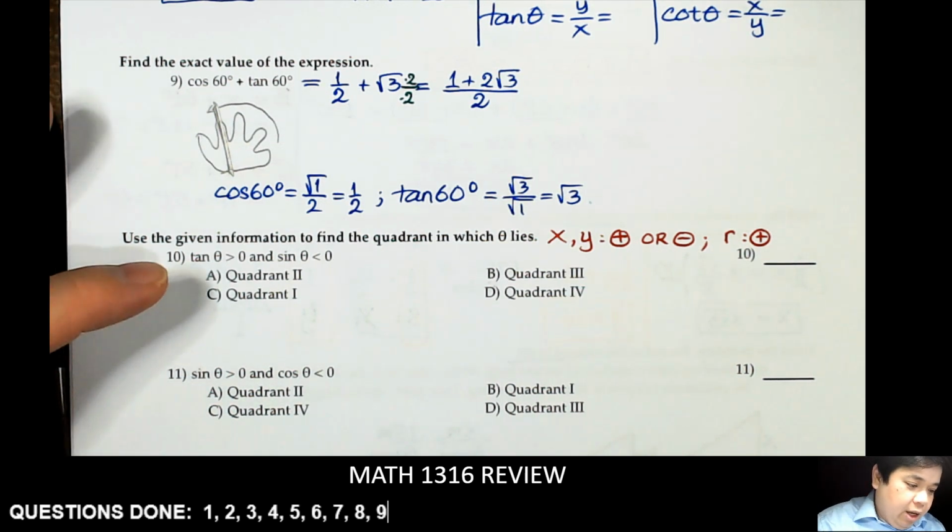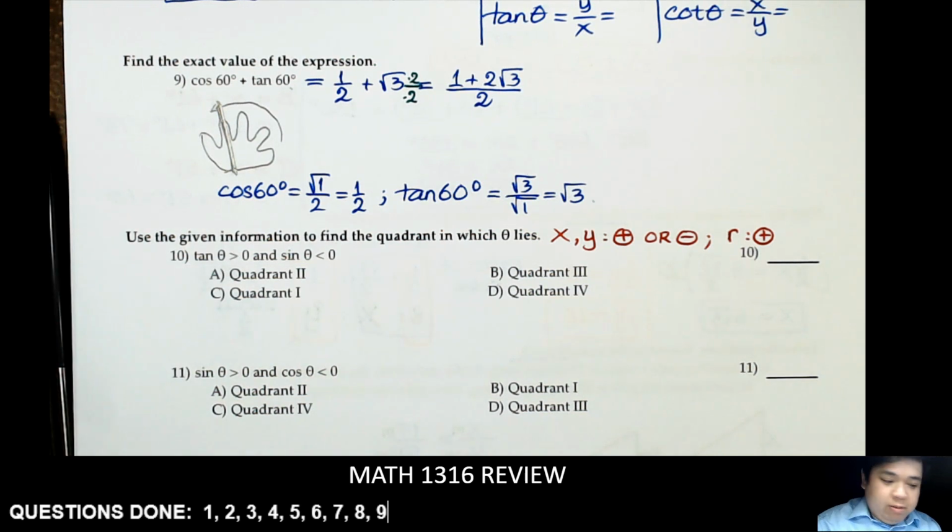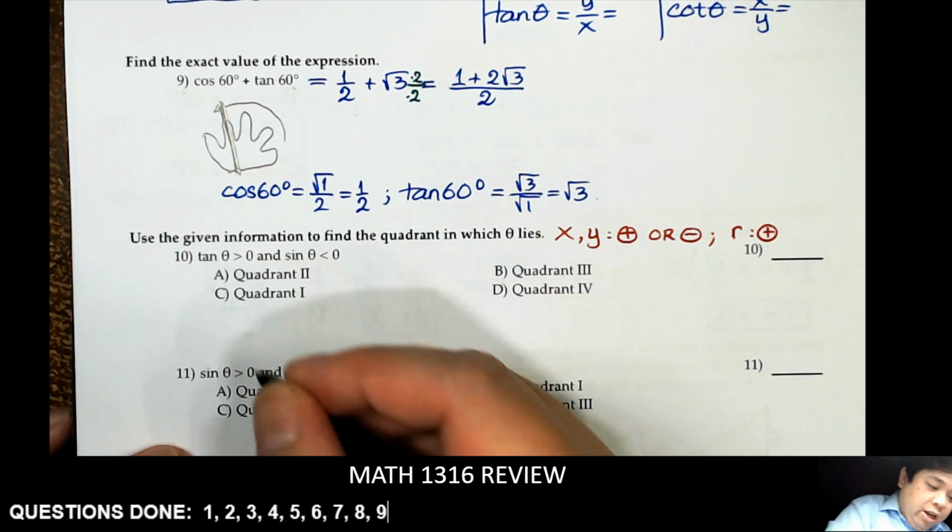Number 10. Tangent is positive. So first we start from the definition.